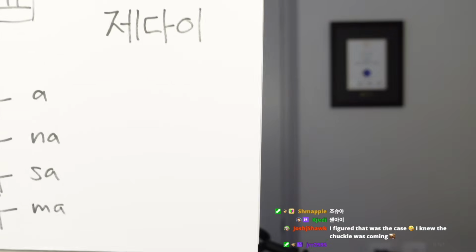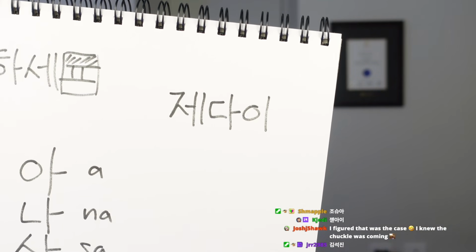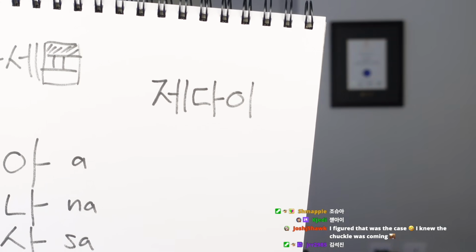Well, your name, Josh, would be Joshi. Yeah, Jedi. Jedi, yours would probably be. You could spell it whatever way you wanted to, but yours would be more like that. Jedi.